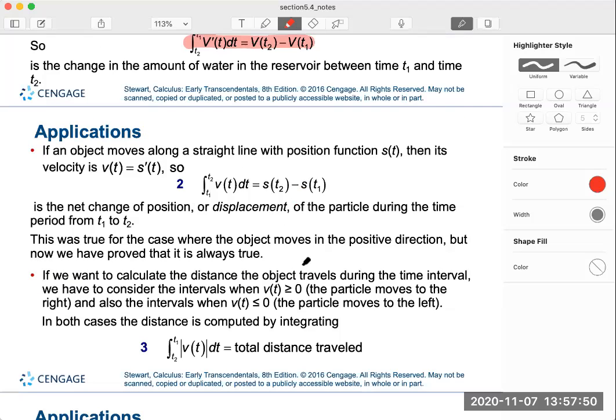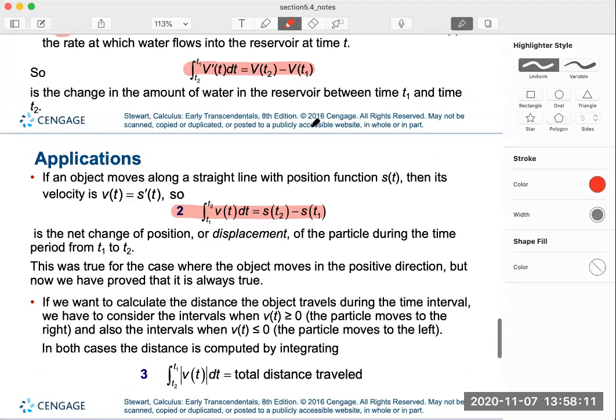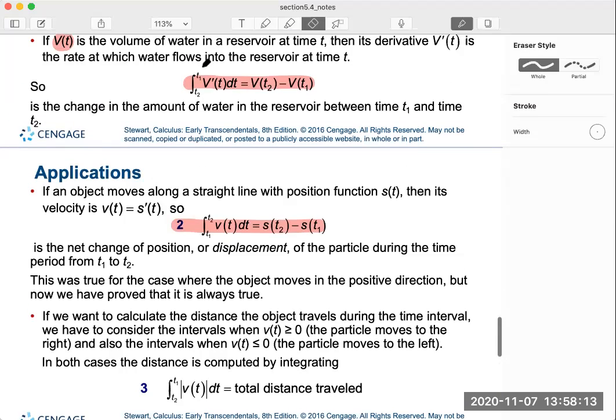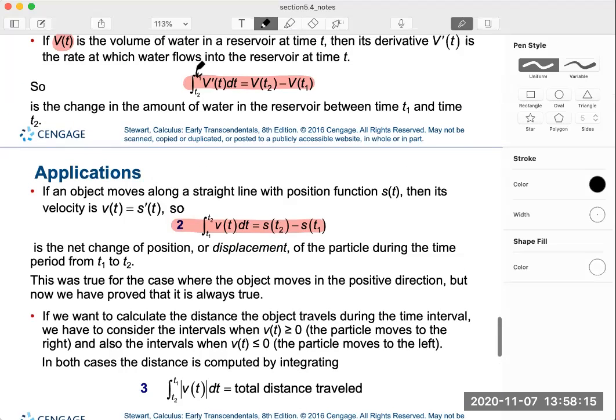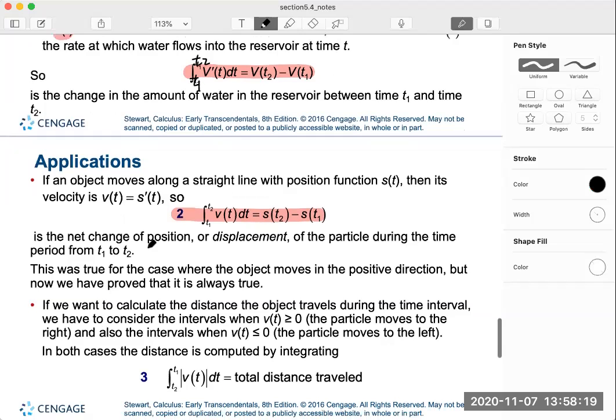Or if v is a position function, then we can compute the distance from the time t1 to t2 here, okay? Actually, here there's a typo. This should be t1 to t2, okay?